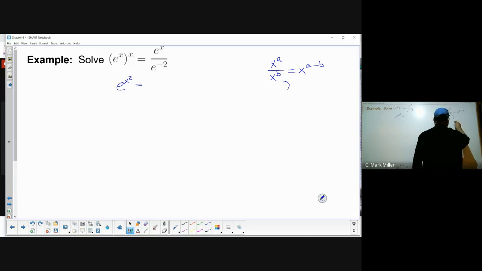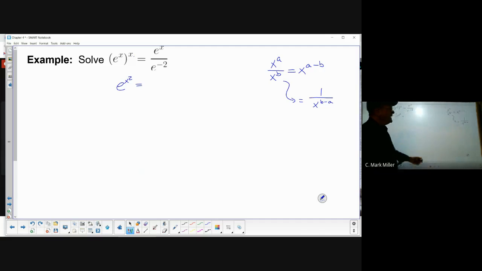By the way, it would also be equal to 1 over x to the b minus a, but that isn't very useful right now. We need the top one. So this is going to be e to the x minus 2. That's e to the x squared equals e to the x plus 2.